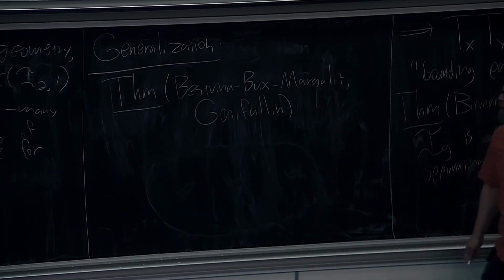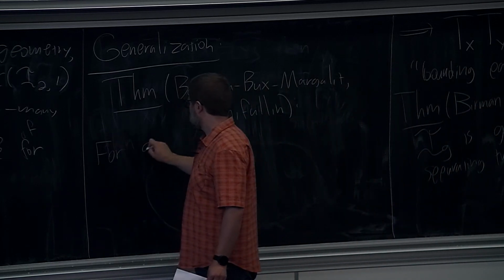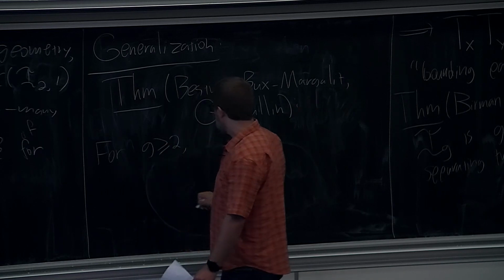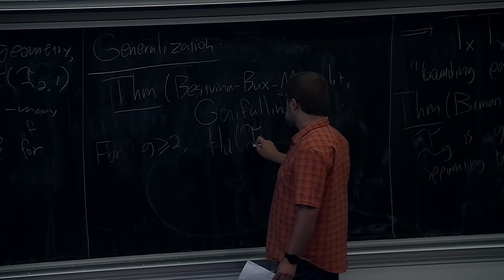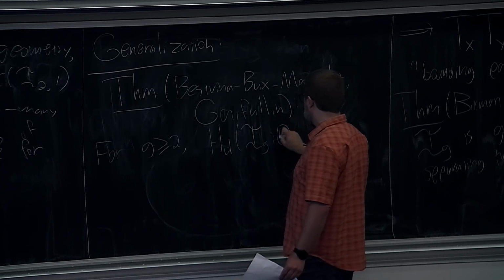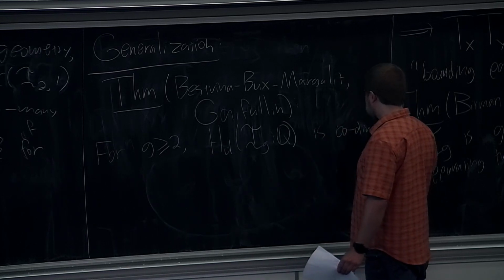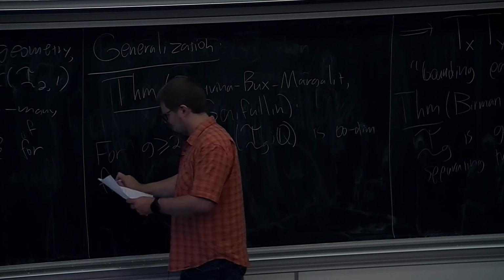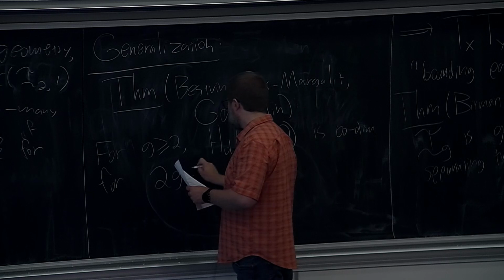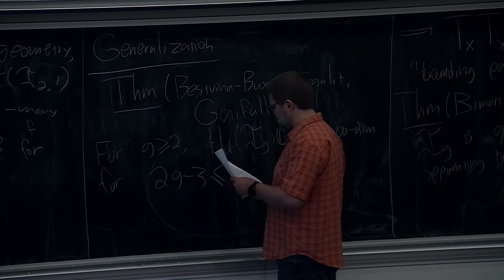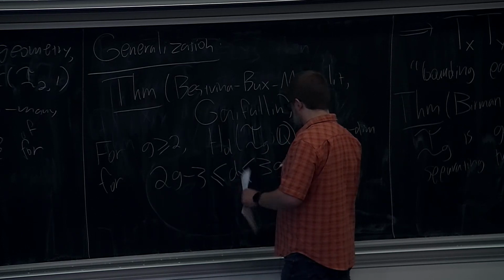What they proved is that for g at least 2, the dth homology group of the Torelli group with Q coefficients is infinite dimensional, for 2g minus 3 less than or equal to d less than or equal to 3g minus 5.